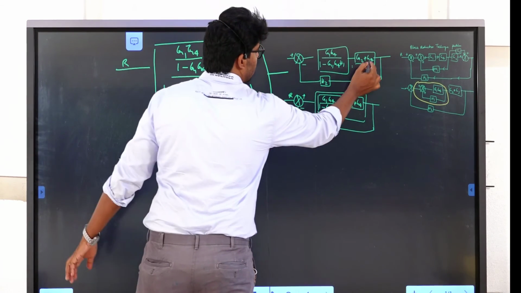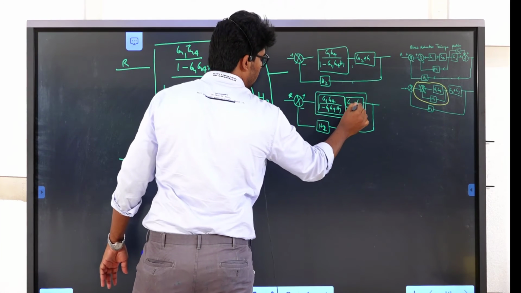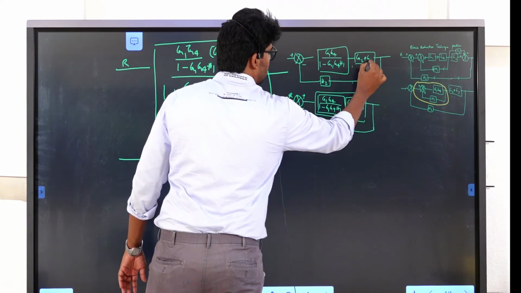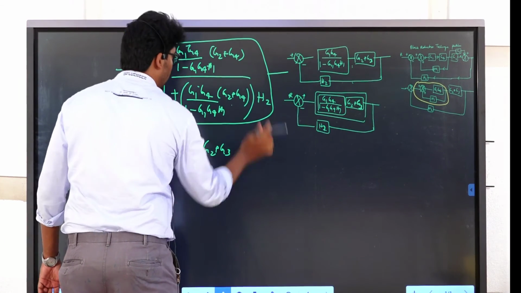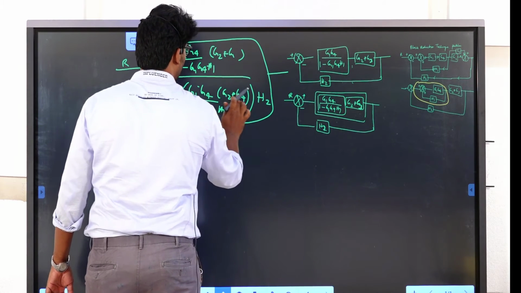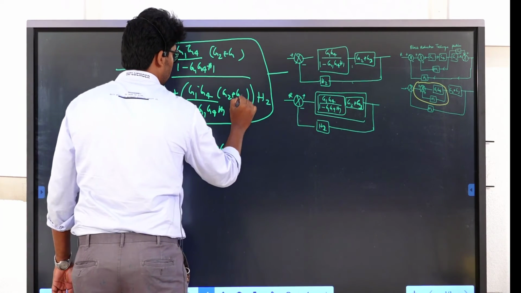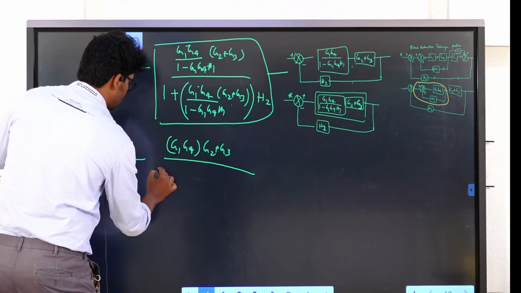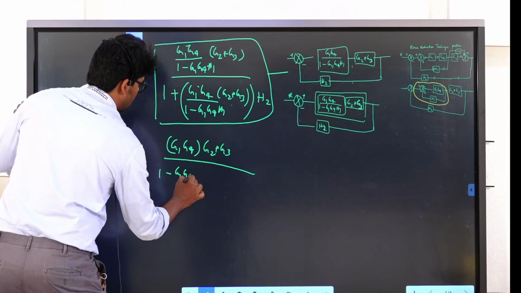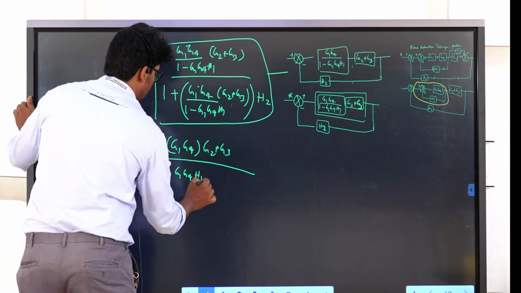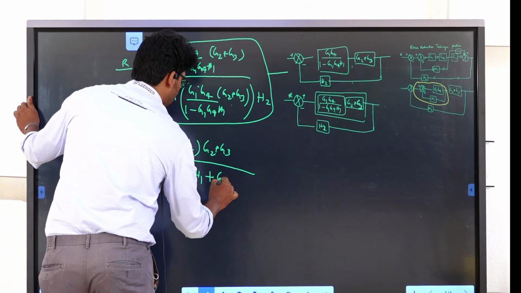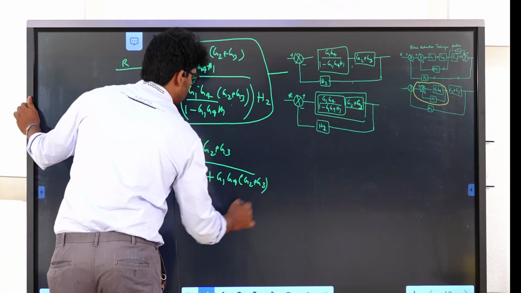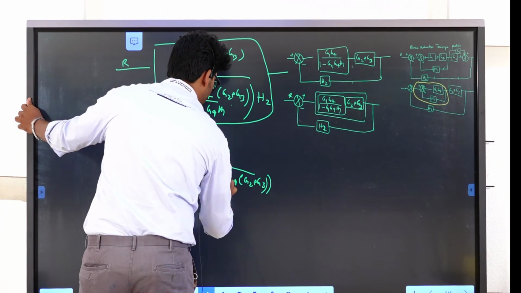Here we have G3 in the numerator as well, and the 1 minus terms get cancelled. The denominator is 1 minus G1 G4 H1 plus G1 G4 into G2 plus G3 into H2.